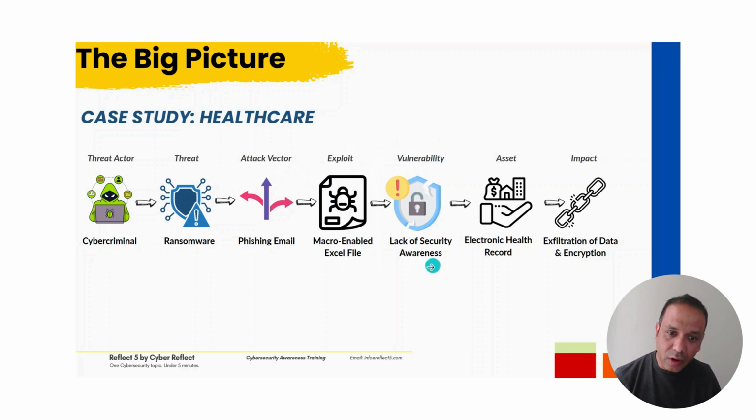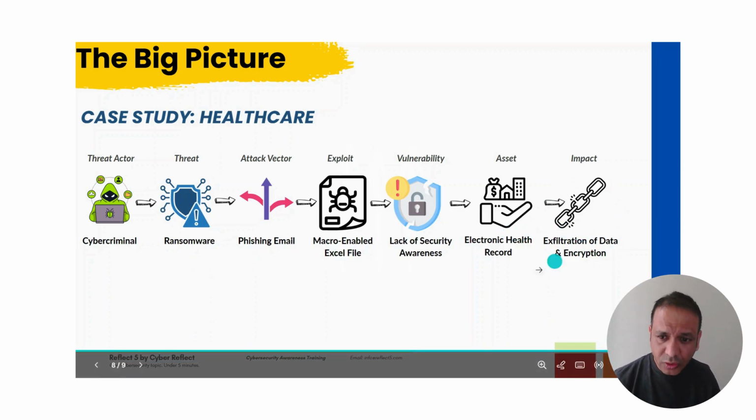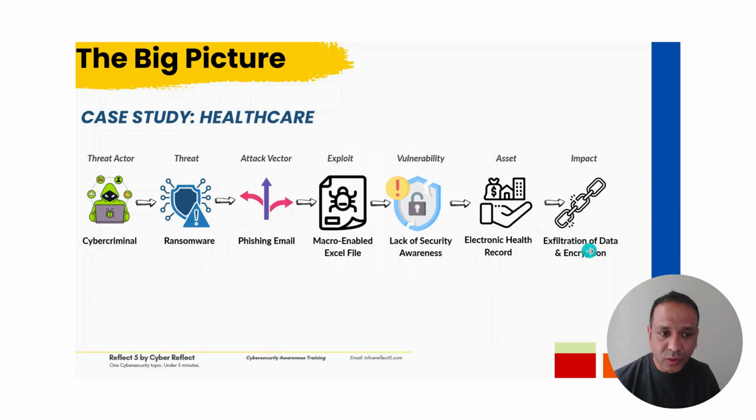When the user double clicks on that file, maybe it will download that ransomware, and once it exploits that vulnerability, here the vulnerability is lack of security awareness training, and this will create an impact on the asset of the organization, which is the electronic health record, and the impact very often is in terms of confidentiality, integrity, or availability. Here we are talking about a ransomware. So very often ransomware does exfiltration of data.